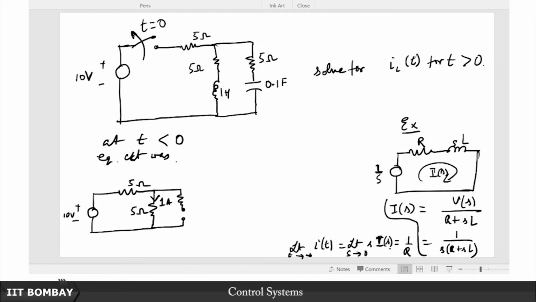This is at t less than 0. So before this switch was turned off, this is how the circuit was behaving. Now why is this useful? Because now you know from here that IL(0-) was exactly this current flowing in a downward direction.